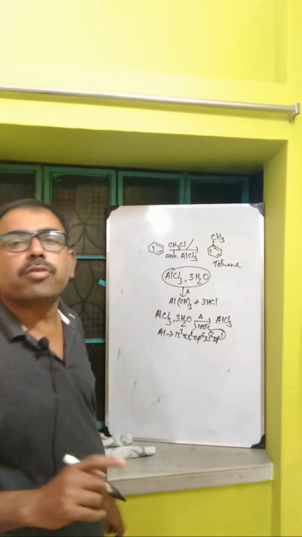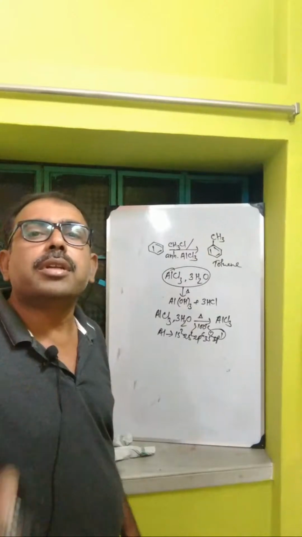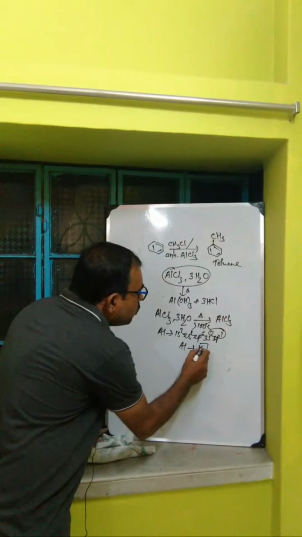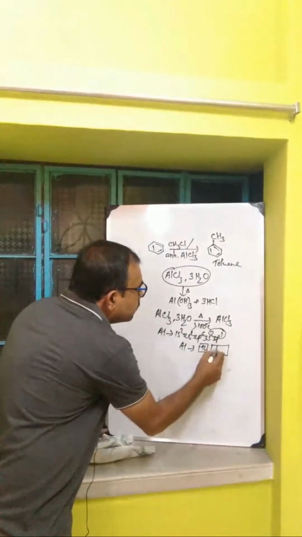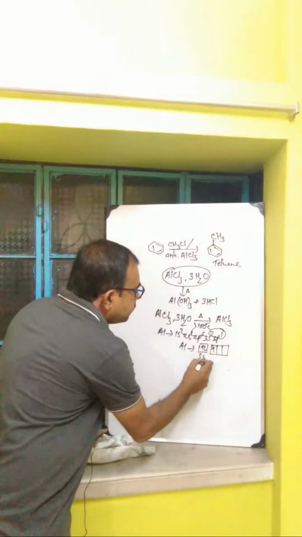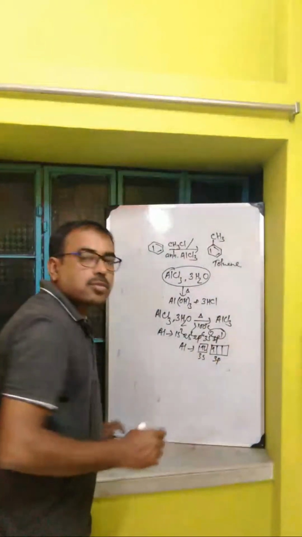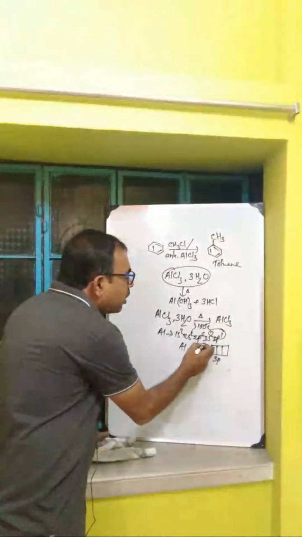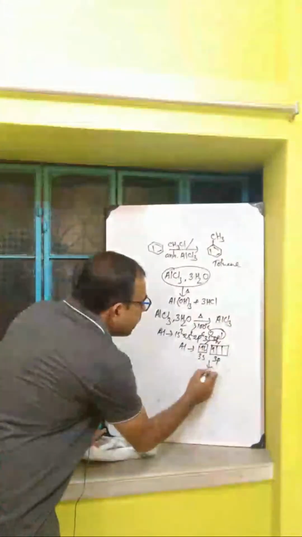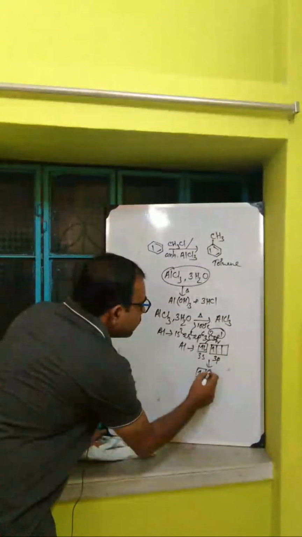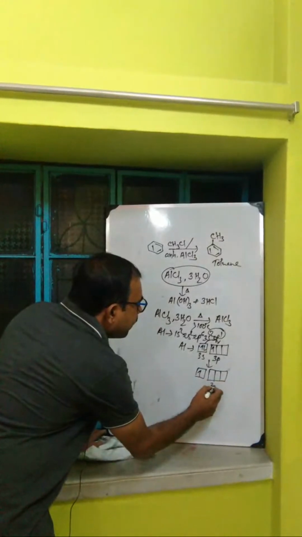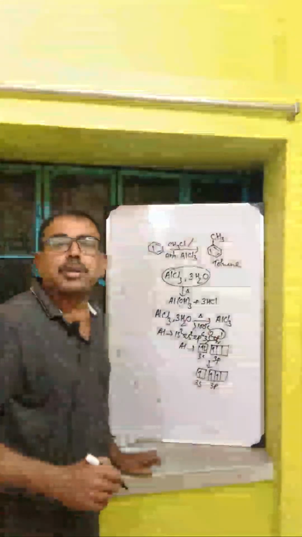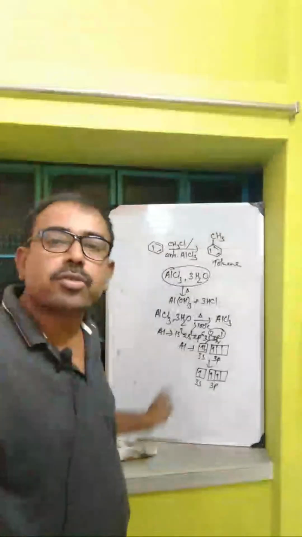So the configuration of aluminum in aluminum chloride is 3s2 and 3p1. Now what happens? One electron jumps from the 3s orbital to the 3p orbital, giving rise to 3 unpaired electrons: 3s1 and 3p2. So 3 unpaired electrons are there, which can make bonds with 3 chlorine atoms.